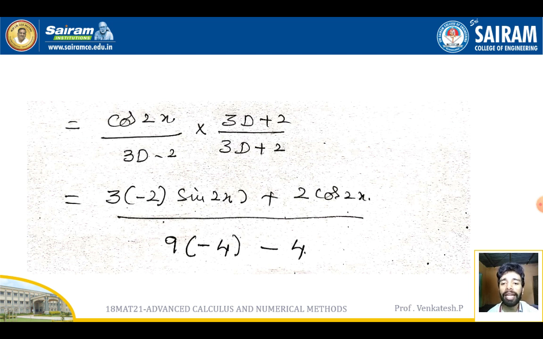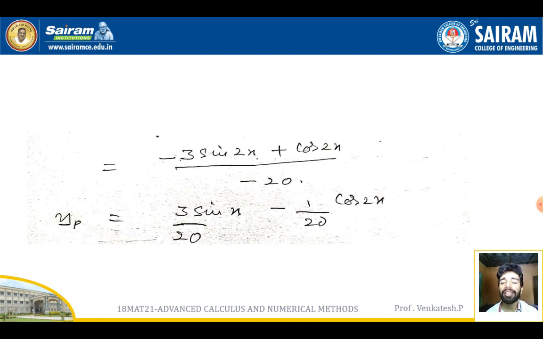I got the denominator like 9 into minus 4 minus 4. On simplifying, we'll get the solution like minus 3 sin 2x plus cos 2x divided by minus 20. So I took 2 as common factor, so the 40 gets cancelled here. I got minus 20 in the denominator. So the yp will be minus 3 sin 2x by 20 minus 1 by 20 cos 2x.